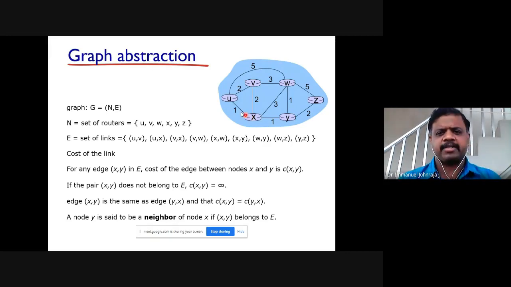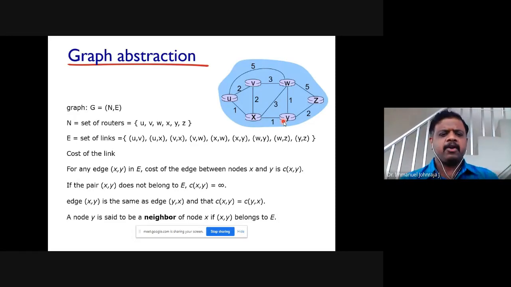For instance, if there is a path between U and Y, you can connect in multiple ways: UXY, UVXY, UVWXY, UVWY, UVWZY, UWY. Multiple paths exist, and generally the shortest path algorithm, or Dijkstra's algorithm, or Prim's algorithm, would go for the least cost path. It's all known to you. I'm just helping you to recall.